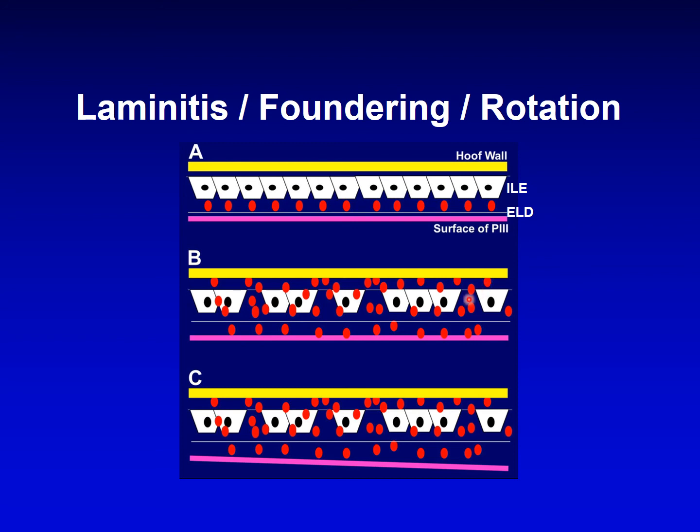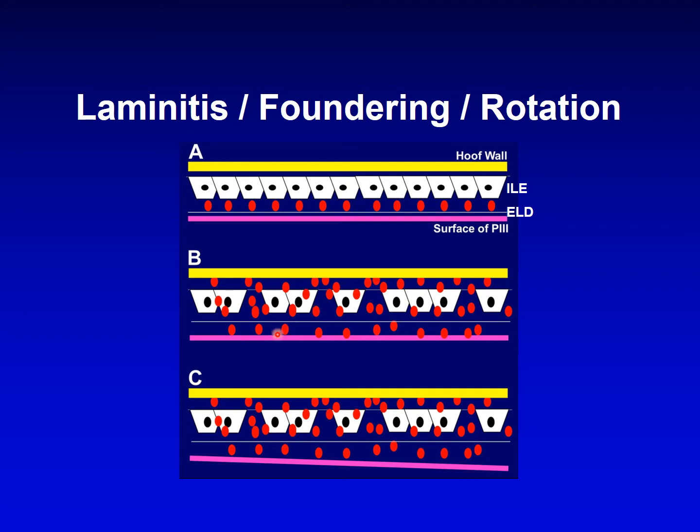Laminitis or foundering is a very painful clinical case that is characterized by the loss of the interdigitation between the internal lamina of the epidermis and the external lamina of the dermis, which leads to oozing of blood into the area of this interdigitation. Now, if the case continues, this is very painful, by the way, to the horse.